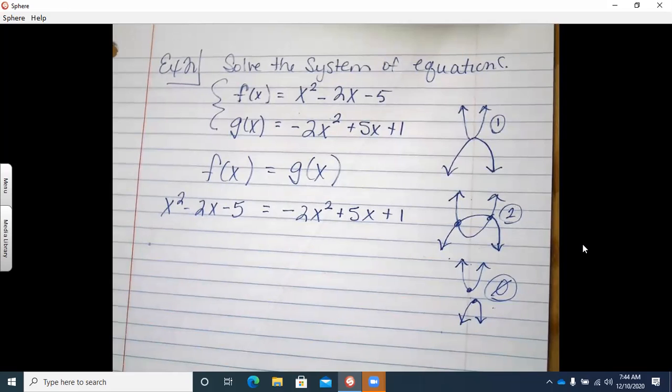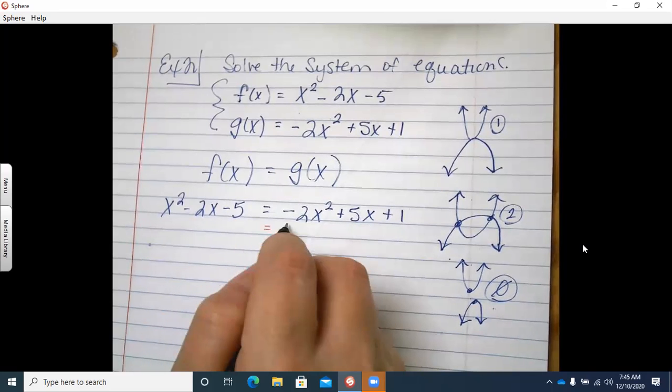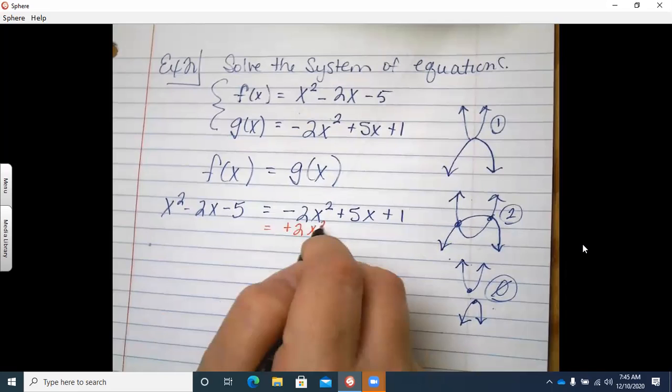So I'm going to move function g over to the left side. Now I can do this in 3 steps because I have to move negative 2x squared, positive 5x, and positive 1. But can we just do it all in 1 step? Yeah. So I'm going to line everything up. I'm going to put like terms above or below each other. So I'm going to add 2x squared to both sides, and line that up with its like term.